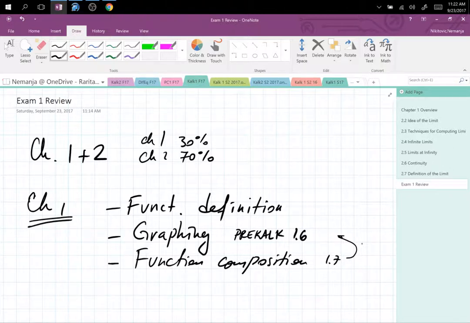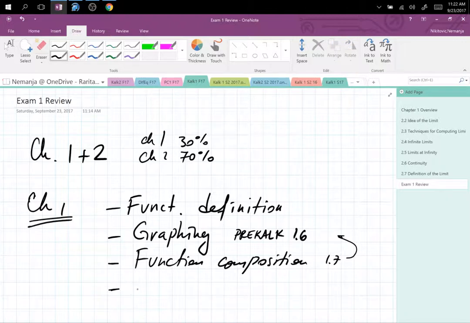All of them are based on function composition. So technically, if you don't know function composition, about a third of Calculus 1 will not be accessible to you at all. So you need to know that stuff.